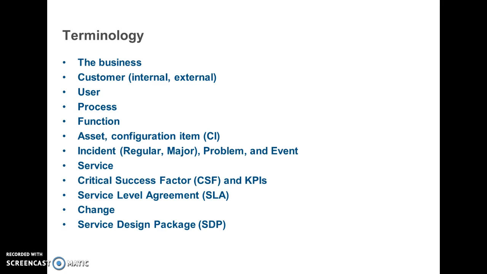A function is a team in the org unit, or a team in your org chart, that does one or more activities and processes. For example, a function would be the service desk in your IT department.